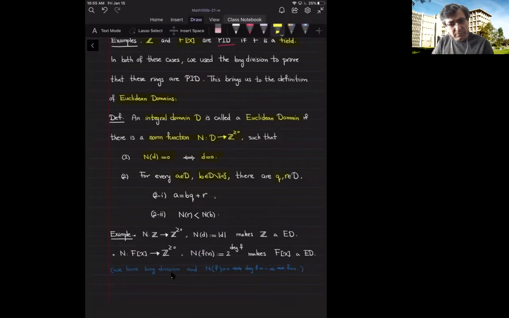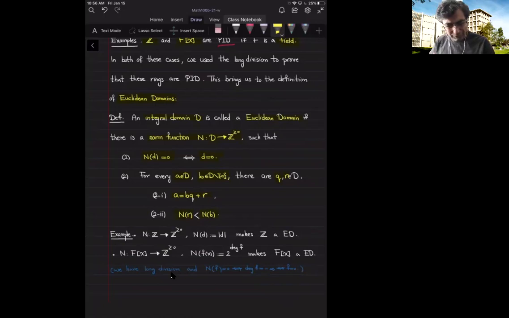As long as there are some Q and R with the following properties, we'll be happy. A should be B times the quotient plus the remainder, and the norm of the remainder should be strictly less than the norm of B. So in that sense, it's a remainder.